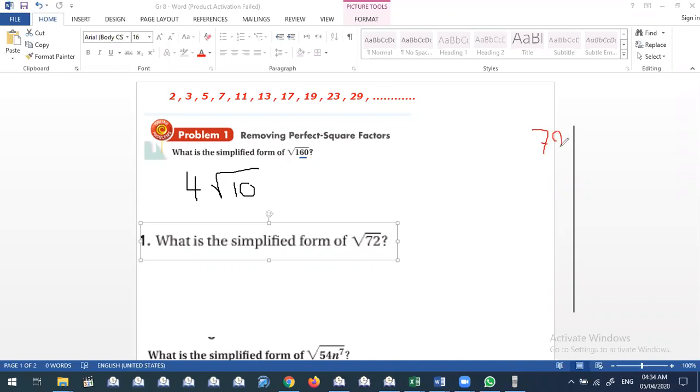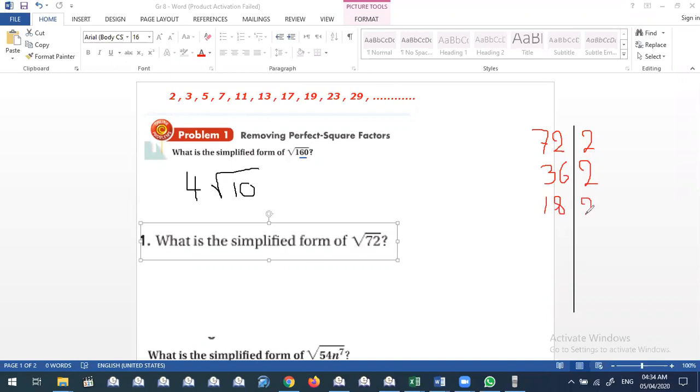You have to choose a number from the prime numbers. Can we divide 72 by 2? Yes. 72 divided by 2 is 36. Can we divide 36 by 2? Yes. 36 divided by 2 is 18.